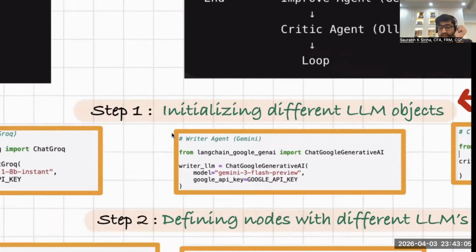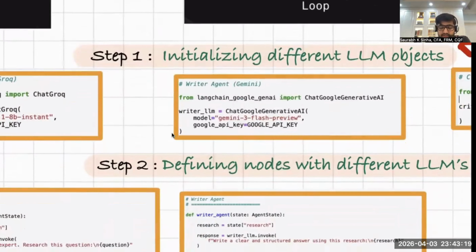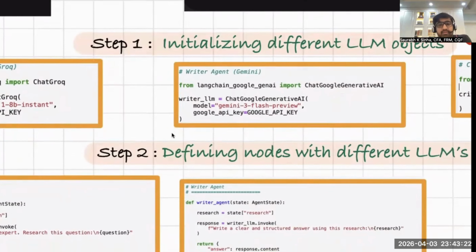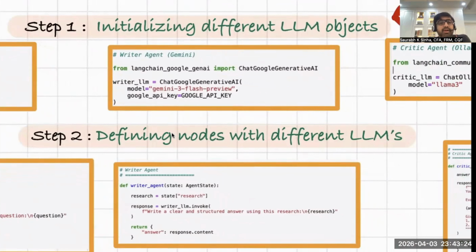So this is step one. What is step one? Initialize different LLM objects and pipe different LLMs into your LangGraph workflow. What is step two? Invoke different LLM objects in different nodes.